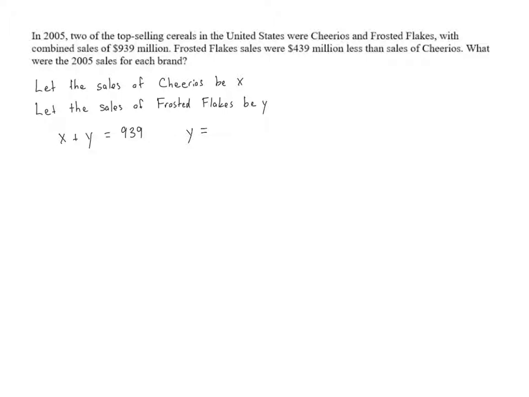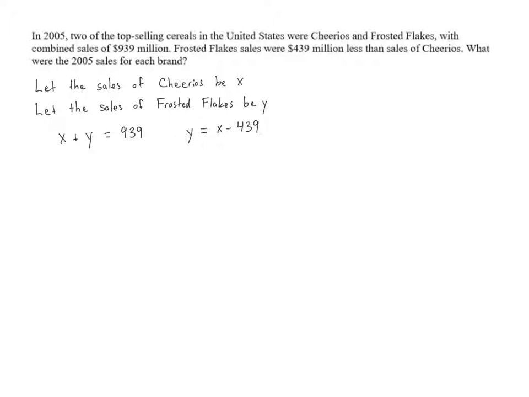Well, the sales of Cheerios was x, and $439 million less than that will be x minus 439. So we have our system of equations: x plus y equals 939, and y equals x minus 439. And if we solve this system of equations, we'll know the values of x and y, which will tell us the sales of each type of cereal.